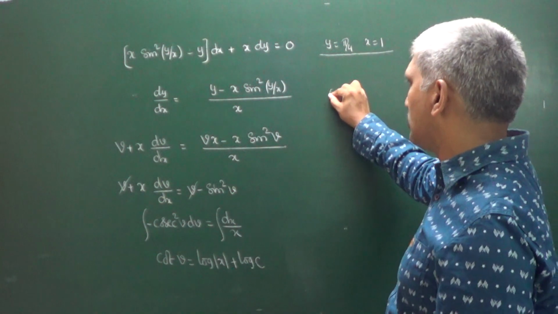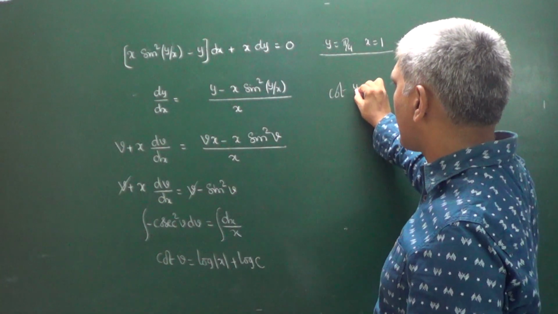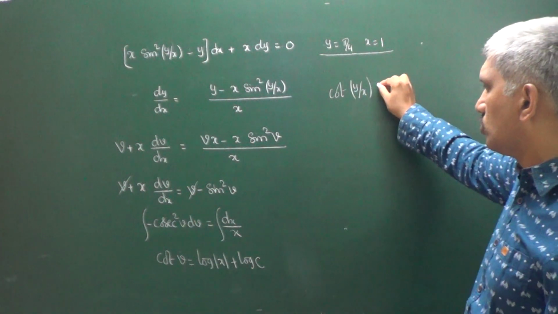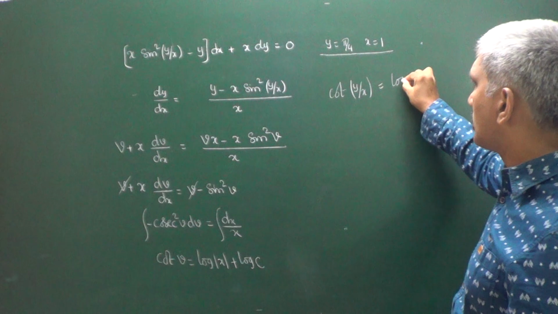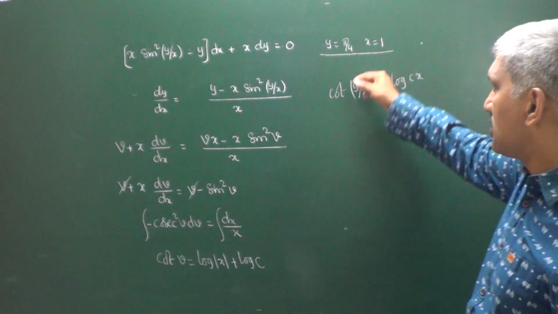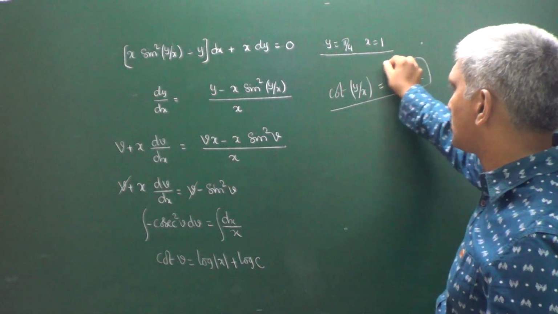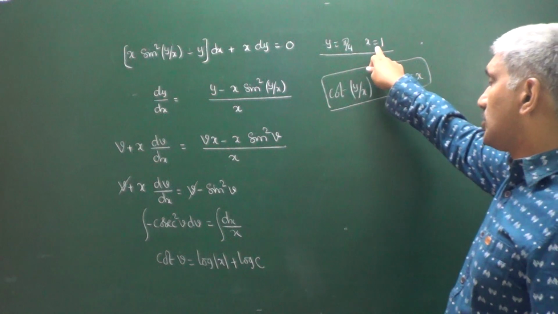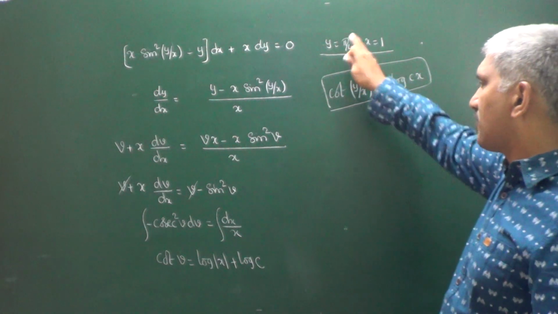So now I can write this one as cot y by x is equals to logarithm of cx, right? But what is condition given? We have to find out the particular solution. To find the particular solution, x is equals to 1 and y is equal to pi by 4, substitute here.